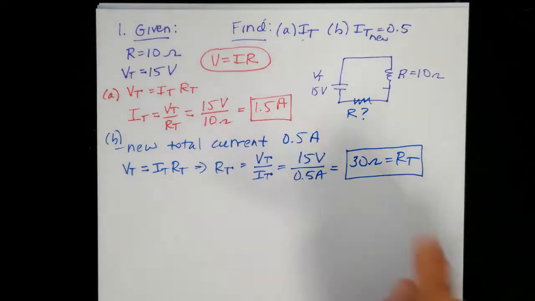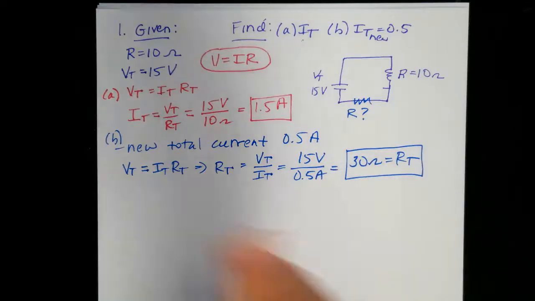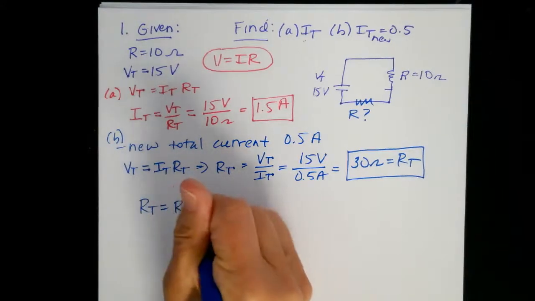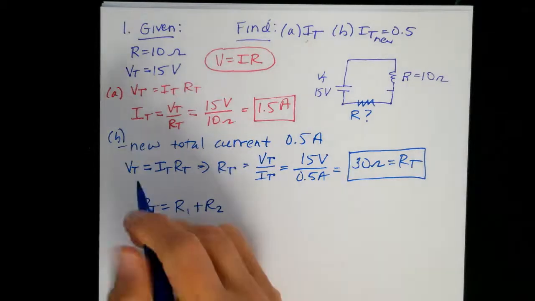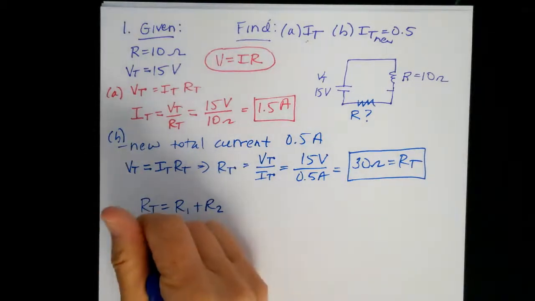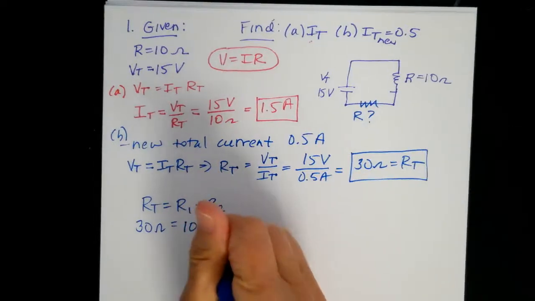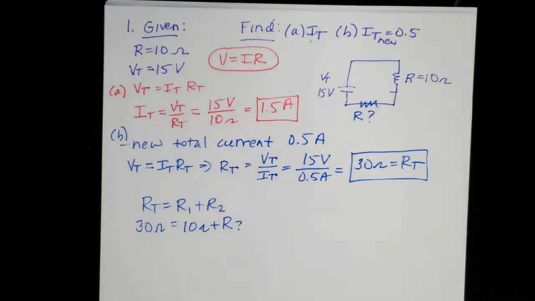All right. Now this is my total resistance. Remember, in series, the RT is equal to R1 plus R2. So in this case, my total resistance, which is 30, would have to be 10 plus the one I don't know, R question mark. Does everyone see that?